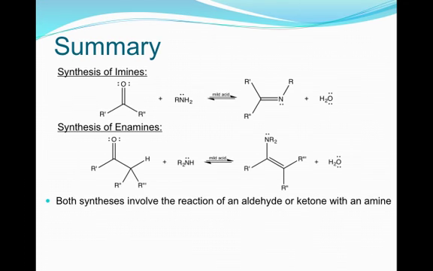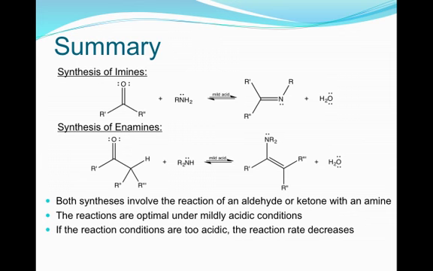In summary, both of these common imine and enamine syntheses involve the reaction of an aldehyde or ketone with an amine. Primary amines are required for these imine syntheses, while secondary amines are typically used to form enamines. Both reactions are optimal under mildly acidic conditions.